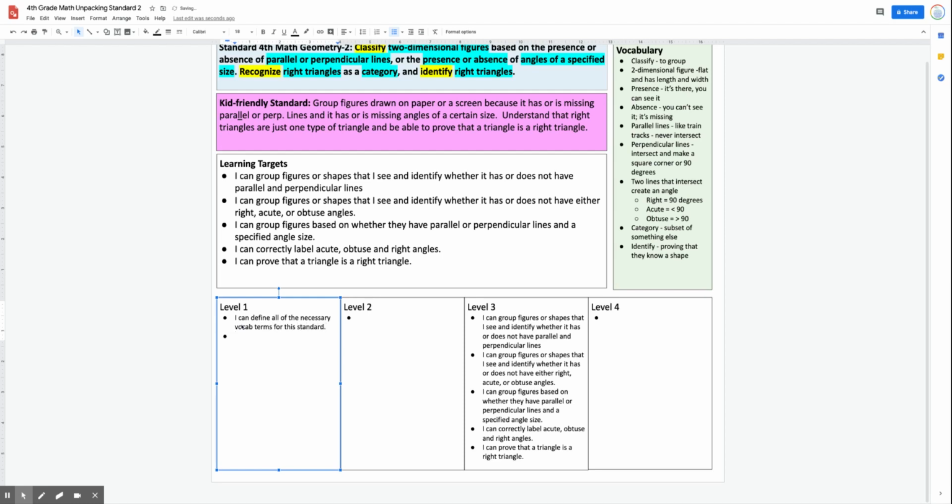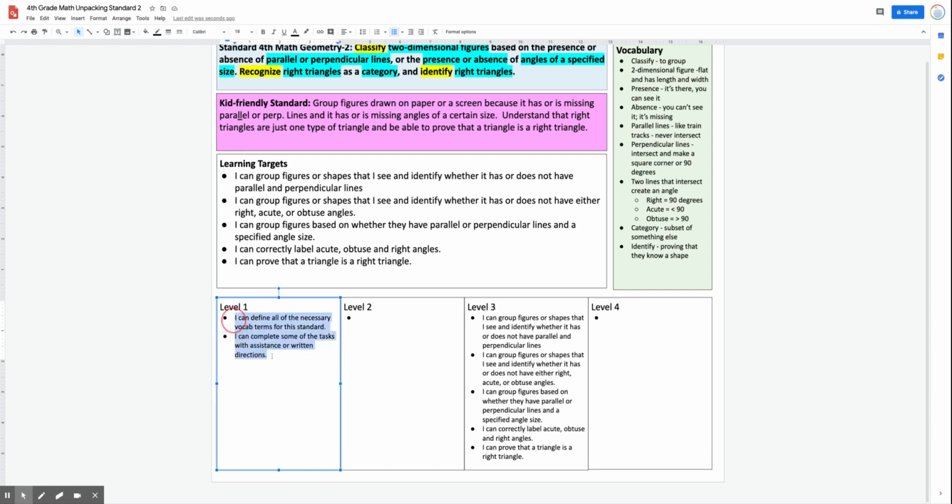And it can also be, I can complete some of the tasks with assistance or written directions. So I can follow directions, but I can't do it independently, right?